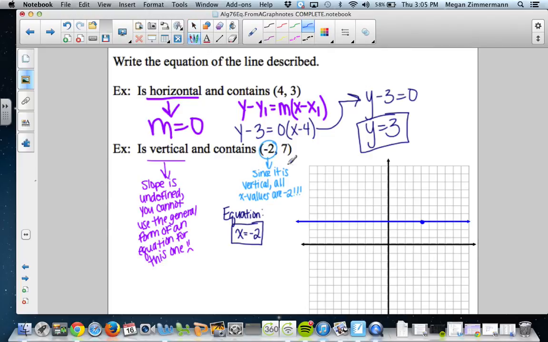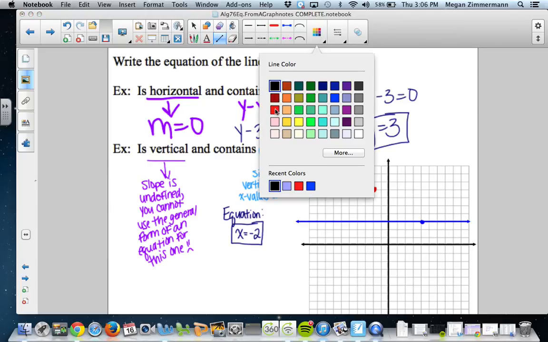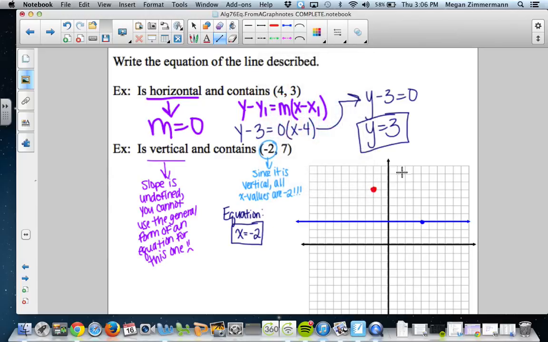So let's take a look at that on the coordinate plane. We'll use a different color. We'll use red. So -2, 7 right here. Okay, bear with me in my drawing with my trackpad on my computer. And now we have this line, which is a vertical line going through that point.